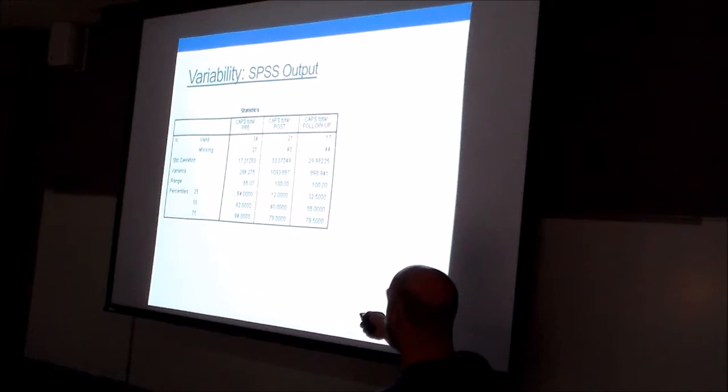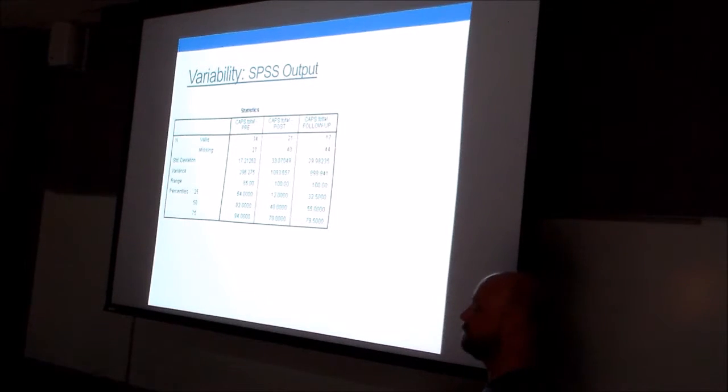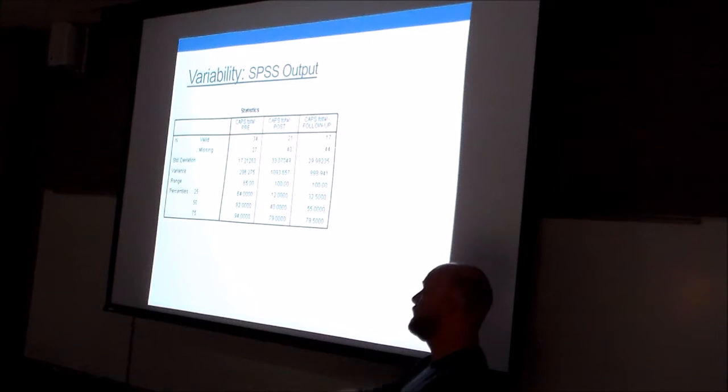But range, smaller here, larger here, and then where people are in terms of percentiles. Looking at our percentiles, does it look like treatment had some sort of effect? Right? We got a drop in median values. The 50th percentile is our median, so our middle score in this distribution drops down quite a bit, right? So that's good.